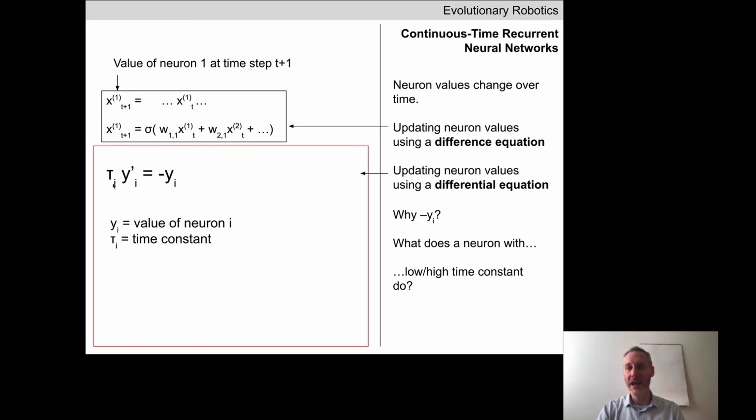By altering tau, if we bring tau down near to 0, we have a denominator over here near 0, which means the rate of change of this neuron is always going to be of high magnitude. Could be negative, could be positive, but the rate of change is always going to be large. If tau sub i is a very large number, like near 1,000,000, then the right-hand side of this equation is minus y sub i divided by 1,000,000.